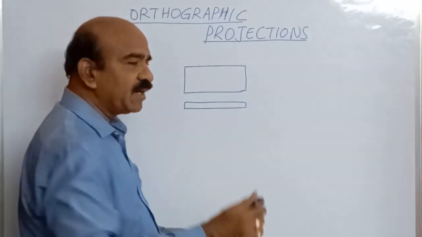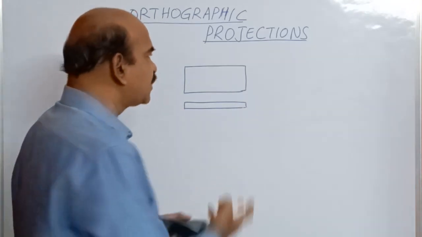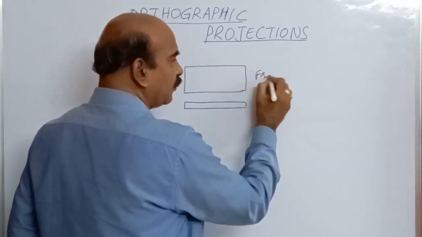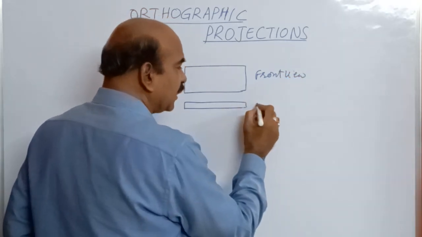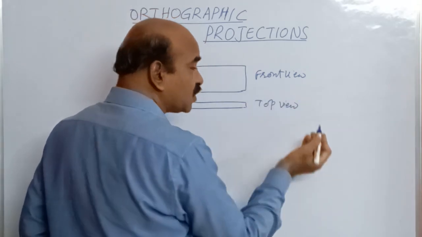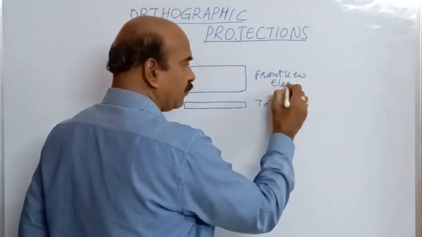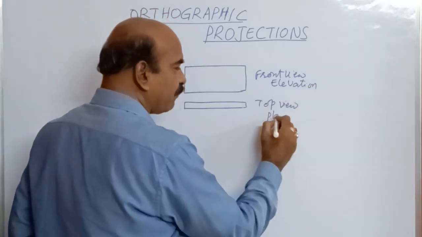This is when you are looking from the top. So I call this one the front view, and this one the top view. Front view is also called elevation, and top view is also called plan.